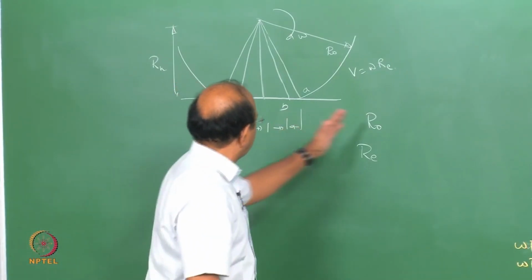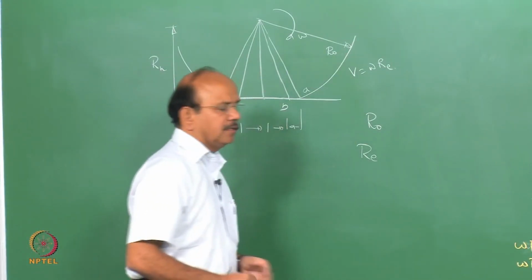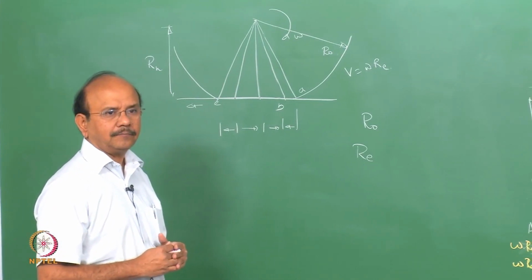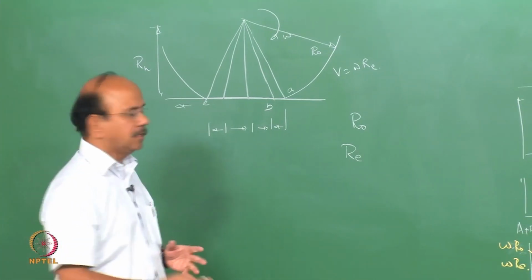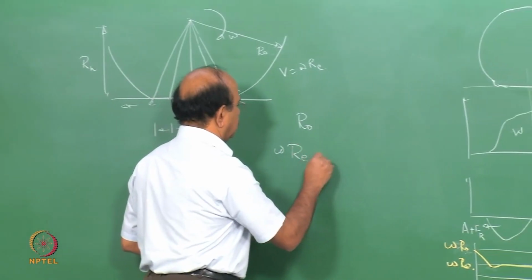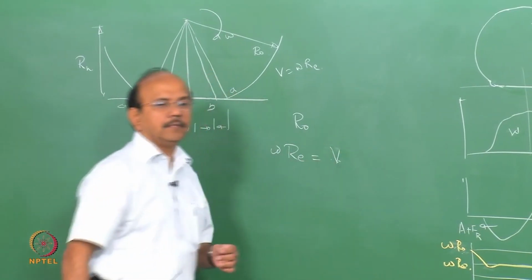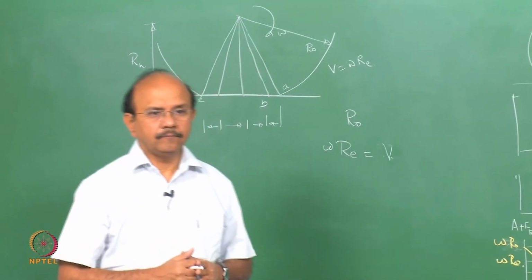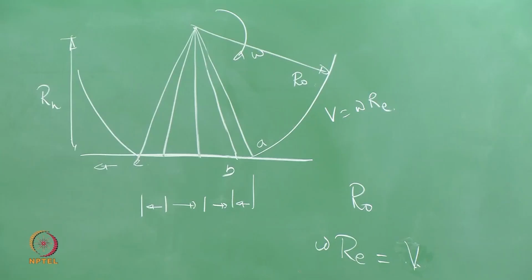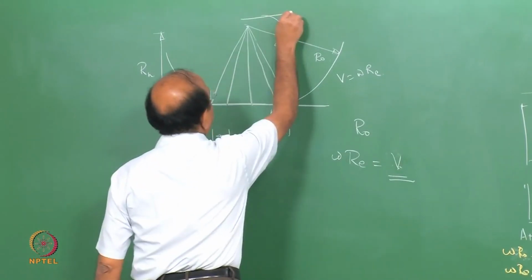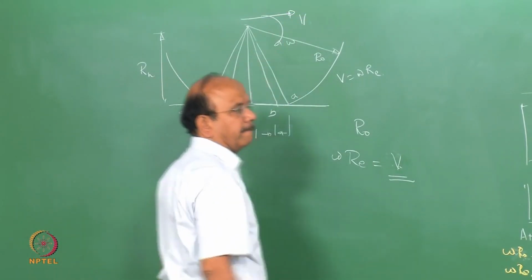In between R0 and RH, there is what is called an equivalent radius, which when multiplied by omega, the angular velocity of the wheel, gives you the velocity v of motion.